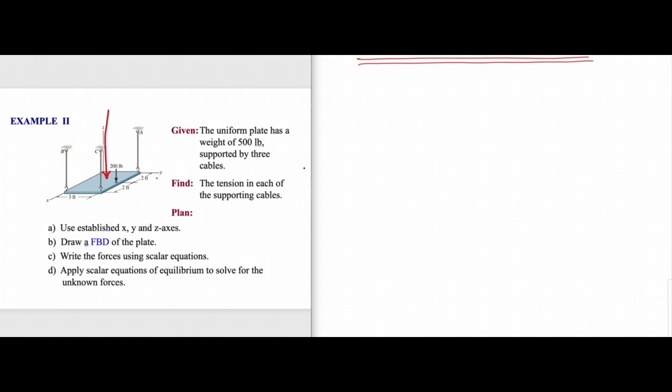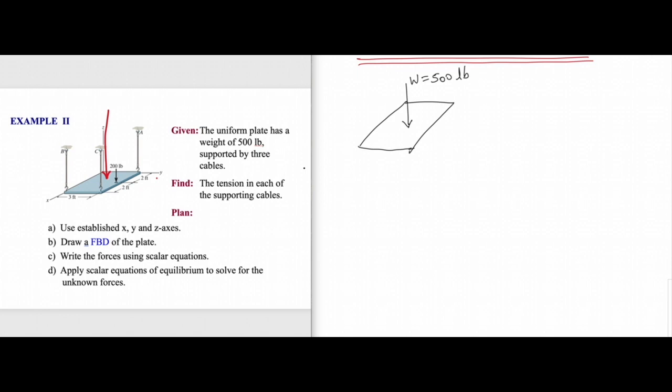So if we have the plate, the plate weight is 500 pounds and acts at the center of the plate.